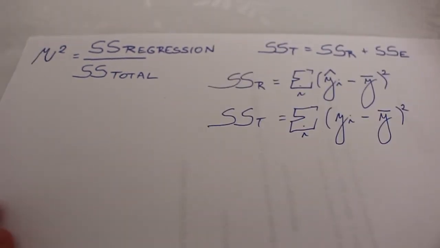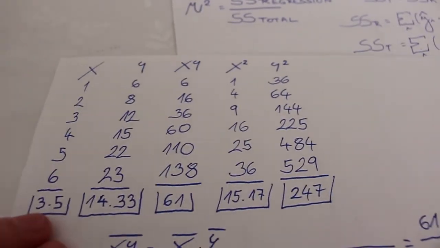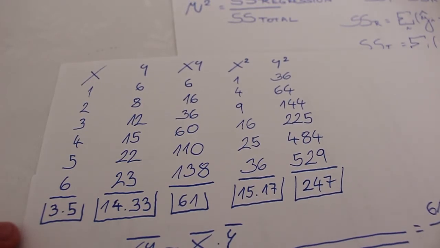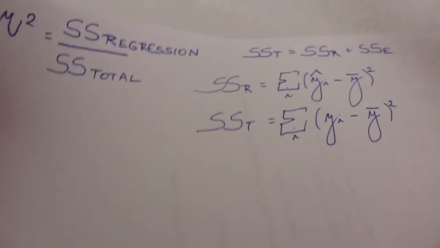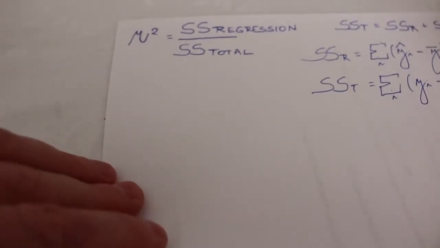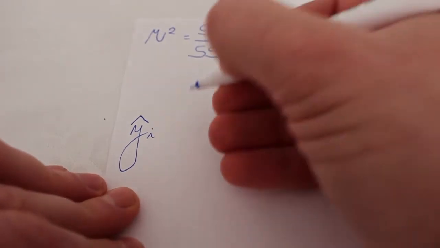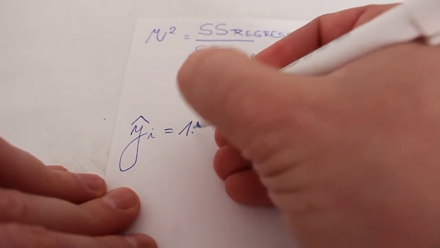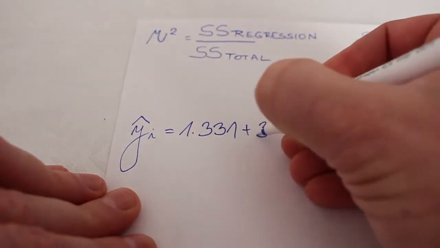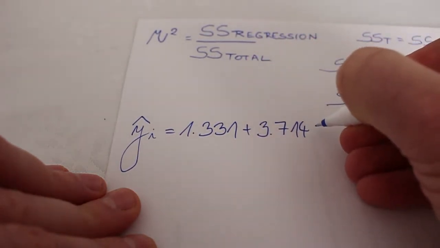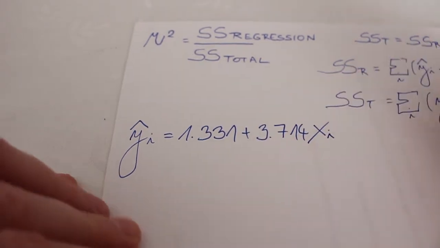It will be good to use this paper where we have our data set, and to fit all values on the basis of our model, y i with hat, our predictions, equal to 1.331 plus 3.714 times x i.